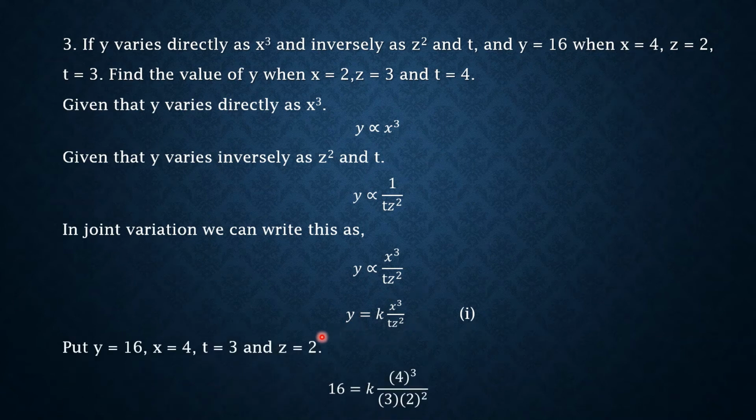Now we will solve this. In order to find the value of k, we put y equal to 16, x equal to 4, t equal to 3 and z equal to 2. So 16 equal to k into 4 cube, that is x cube, divided by t, that is 3, and z square, which is 2 square.